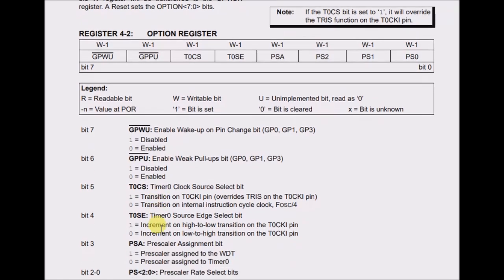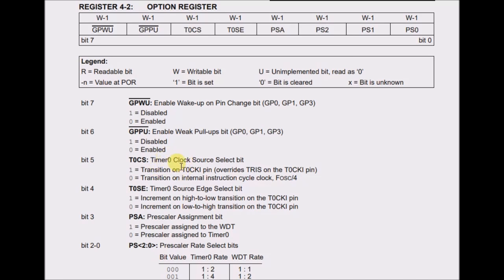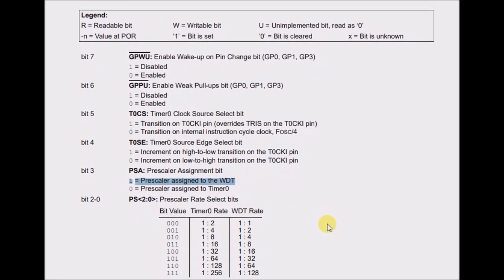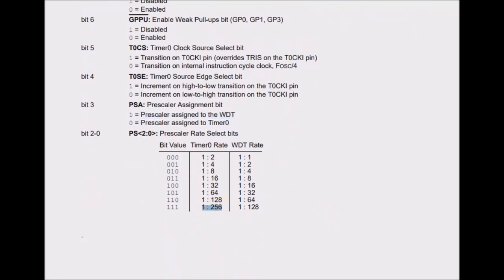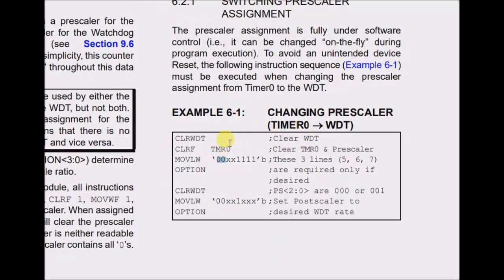And then I guess it didn't matter the timer source. They just put an X and the TOSE is an X. And then they set a 1, increment on high to low transition. Prescaler assigned to the WDT, and then they set the prescaler to 1 to 256. That's what they did here in this code.